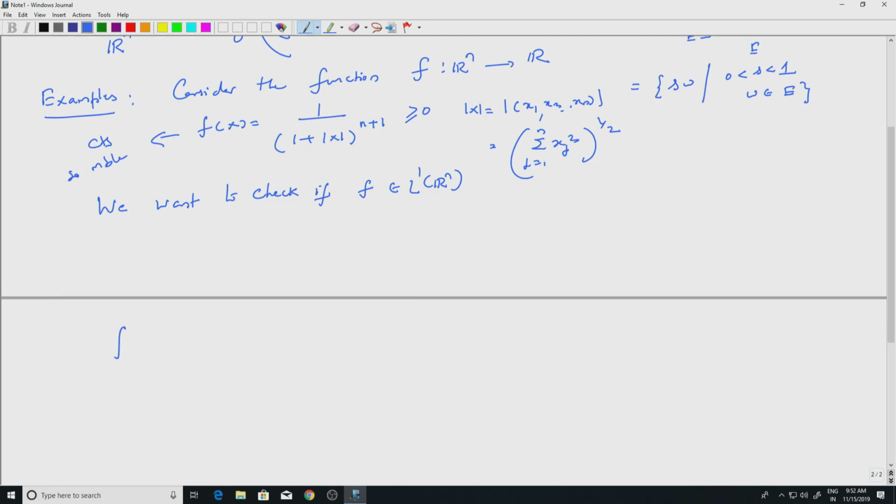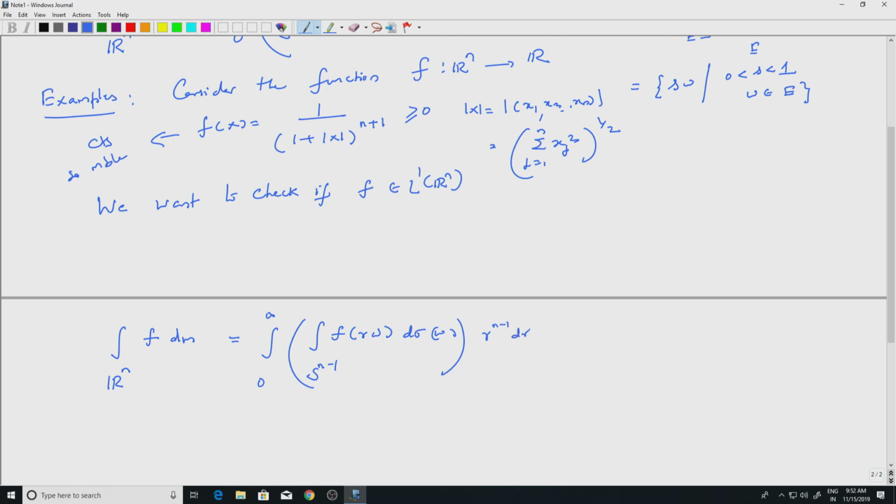So, we look at the integral over Rn. One should take mod f, but f is positive. So, f dm is what we want to compute, which is by polar coordinates the integral from 0 to infinity of the integral over S^(n-1) of f(r omega) d sigma(omega) times r^(n-1) dr.